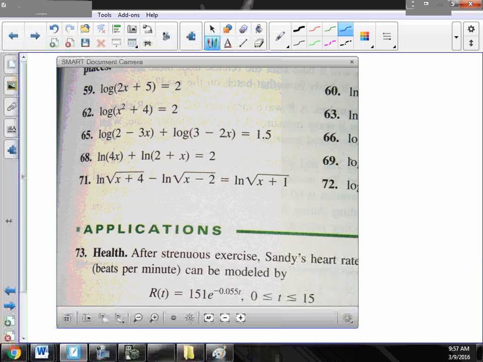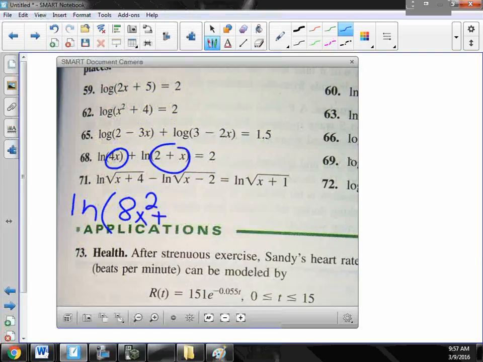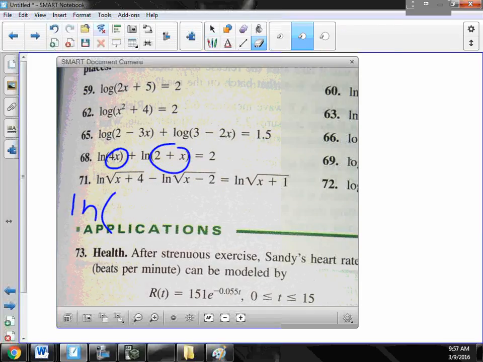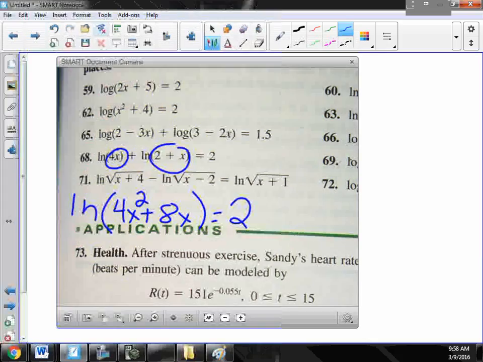Okay, 68. ln of, I'm going to multiply these together. 4x squared plus 8x equals 2. What is the base of the ln?